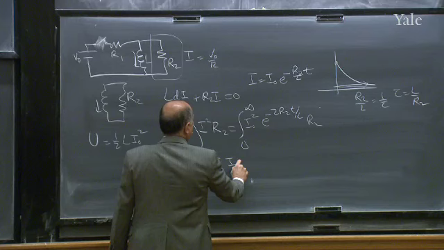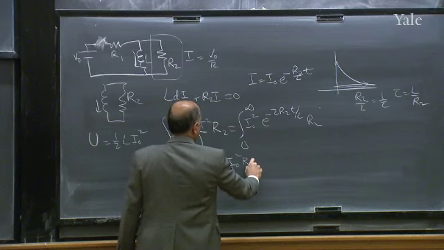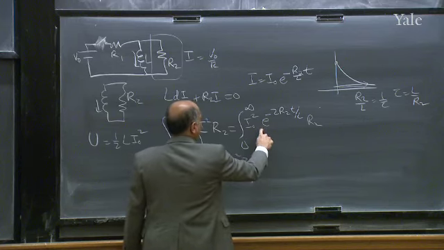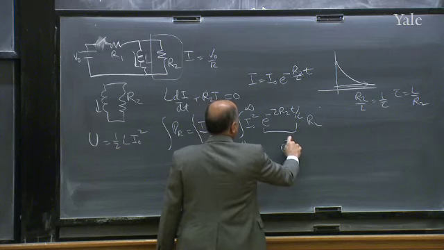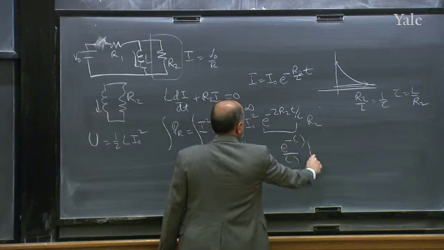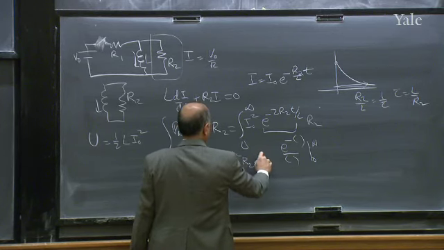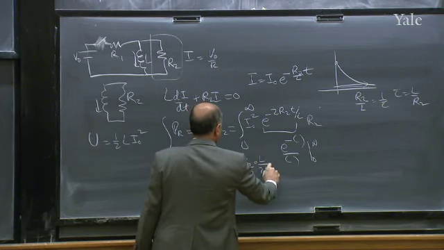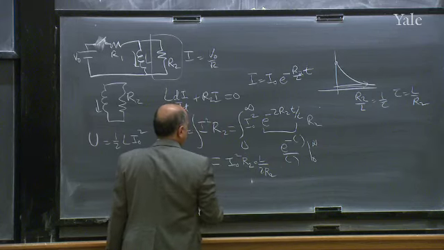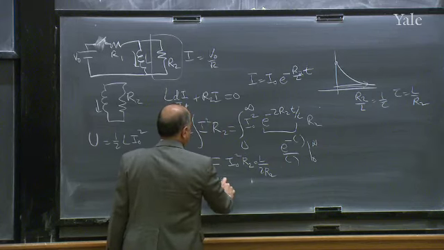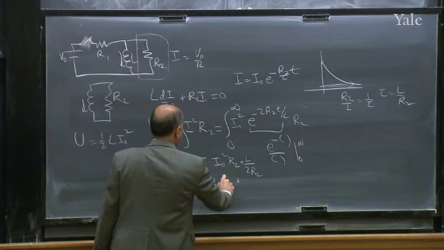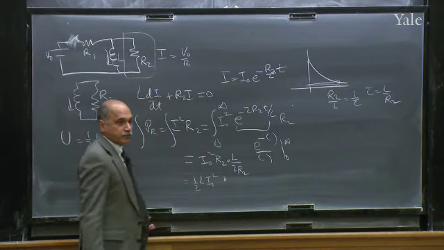You will get I0 squared R2, and the integral of e to the minus something is e to the minus that divided by that, from infinity to 0. I can promise you that what you will get will be L over 2R2. That'll give you then 1/2 L I0 squared.